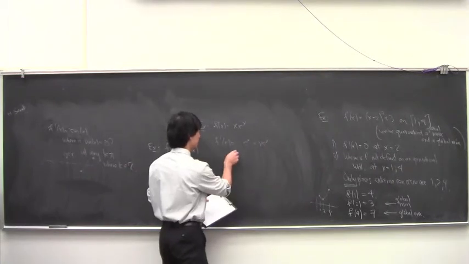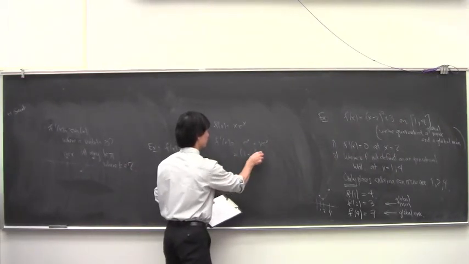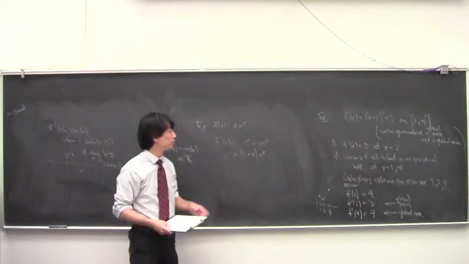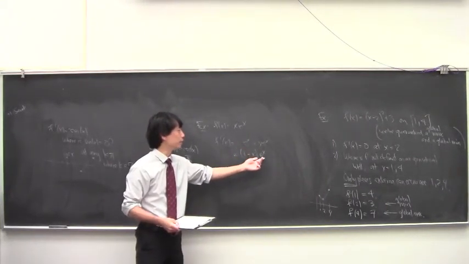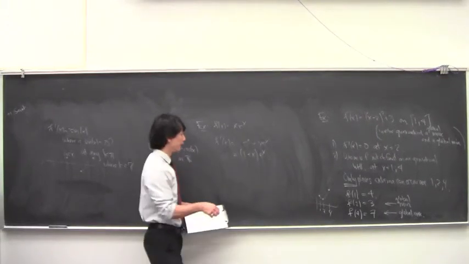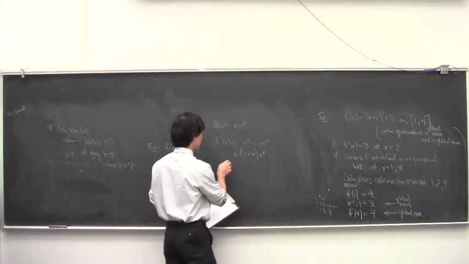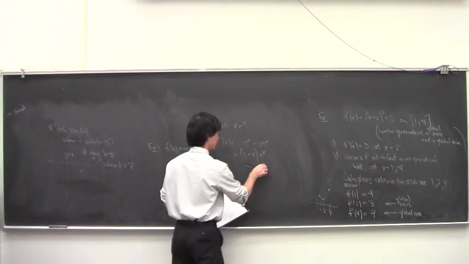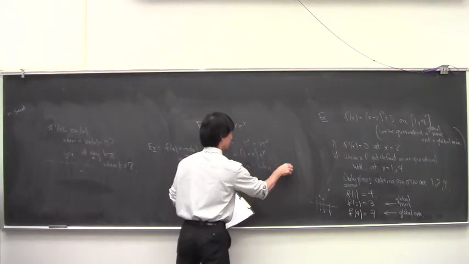At negative 1, right? So this is 1 plus x times e to the x. You factor out the e to the x, and you see that this is 0 when x equals negative 1.